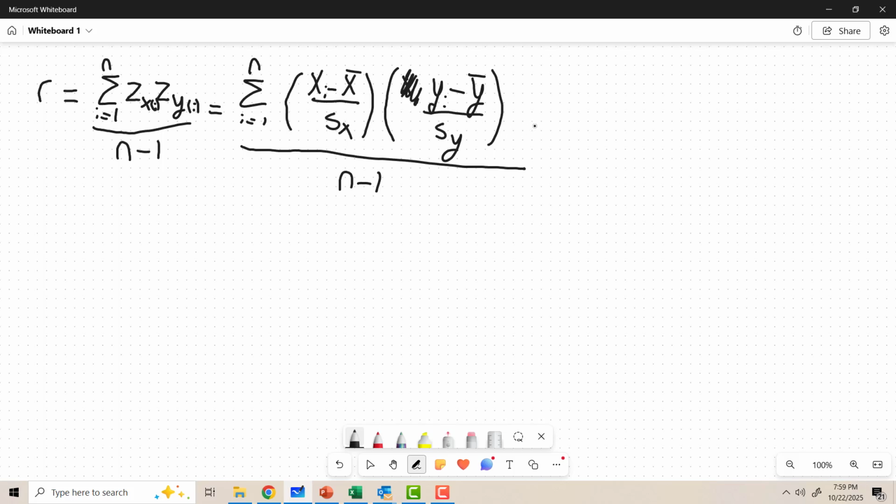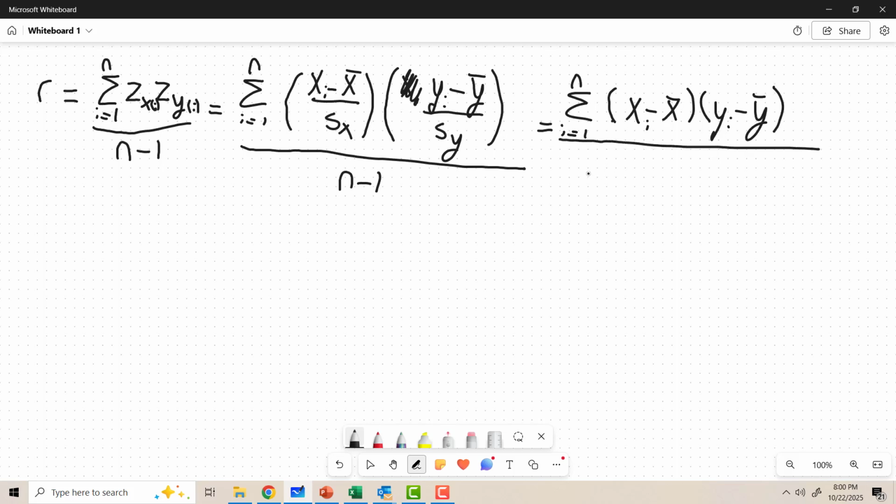Which we can rearrange. This is in the bottom, so we can actually just move that to the bottom. So we could do the sum from i equals 1 to n of x i minus x bar, y i minus y bar, all over n minus 1, S x, S y.